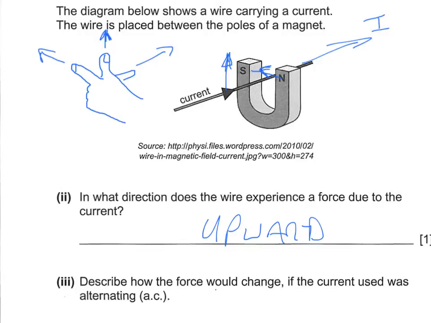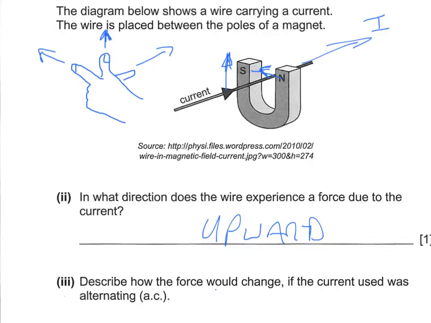Part 2 says describe how that would change if the current used was alternating. Now, that's not going to change the field direction. That's going to continue to be across there. But if the current went from going this way to going that way, that would involve your hand having to reverse with your second current finger pointing the other way, and that would push your thumb down.